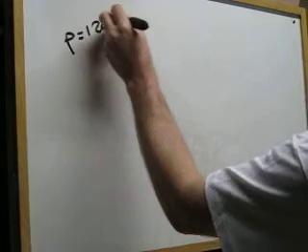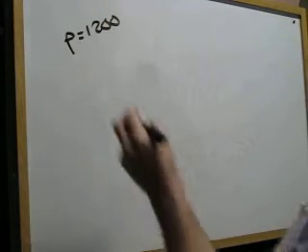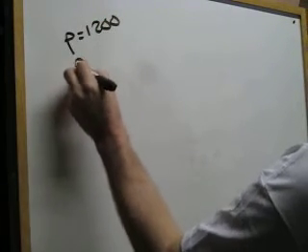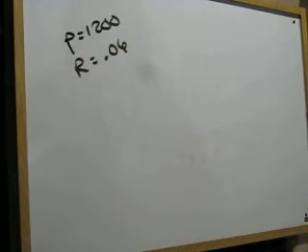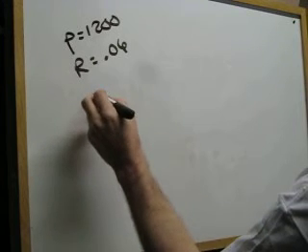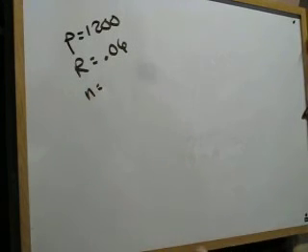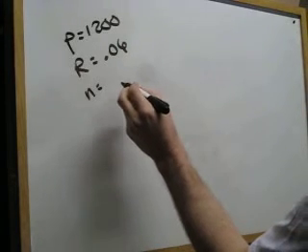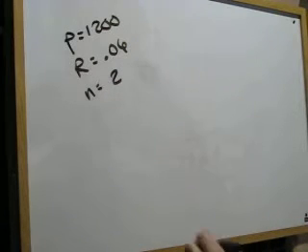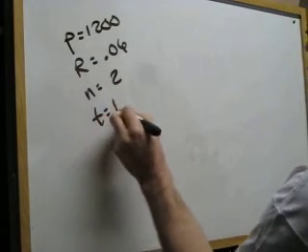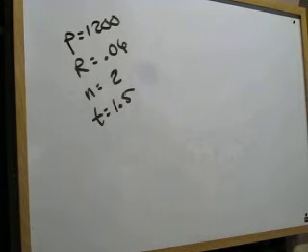We've got a P equals 1200. We've got a rate of 0.06, and it's compounded semi-annually. So our N, which means number of compounding periods, semi-annually means twice a year. So that's our N. And our T is 1.5 because we're interested at the end of 1 1/2 years.